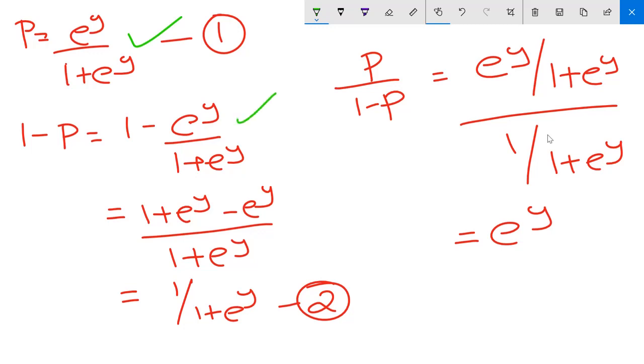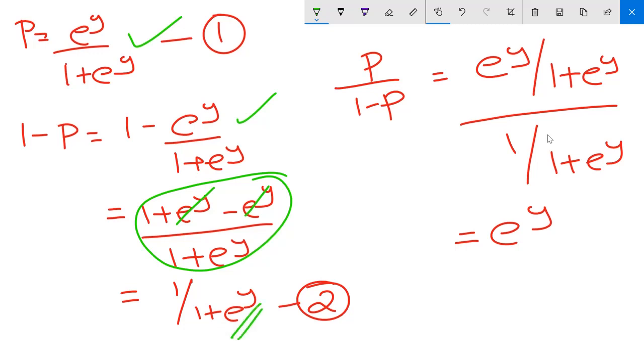Doing the subtraction, it is 1 plus e raised to y minus e raised to y, all divided by 1 plus e raised to y. The e raised to y terms cancel, so 1 minus p will be 1 by 1 plus e raised to y.